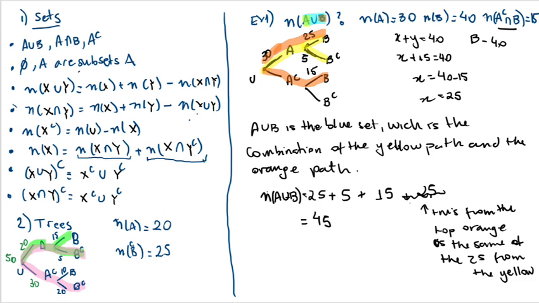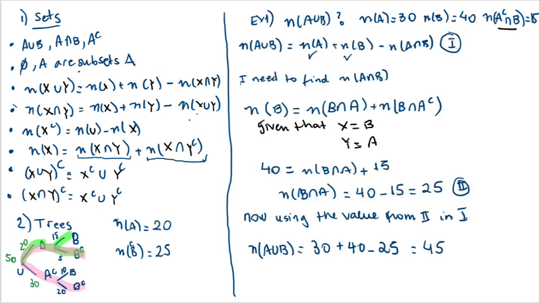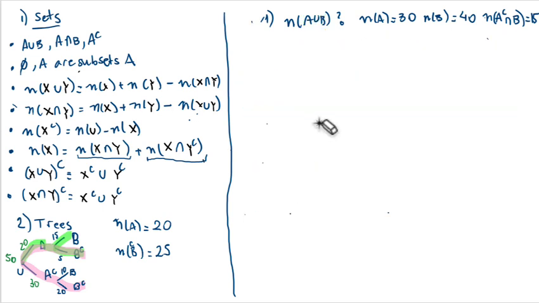Now I'm going to solve using the equations. So here's the information. You're going to start using equations. You go to your toolbox. This is a set. I'm going to use equations. So what equation should I pick?